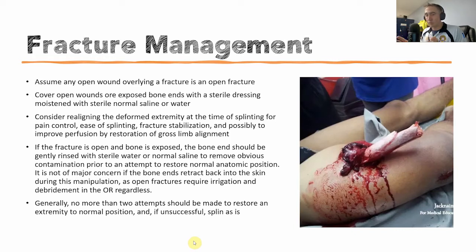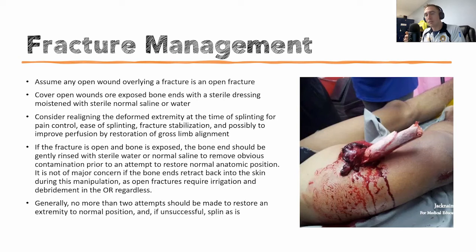General fracture management consists of, first of all, assuming that any wound or laceration or puncture overlying the area of a fracture is an open fracture until proven otherwise. Of course, it could be that they fell and then they cut their extremity on something and then they obtained a fracture.